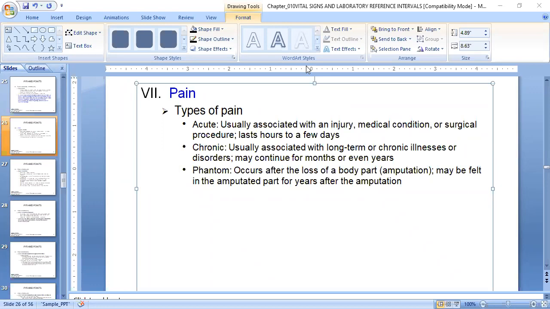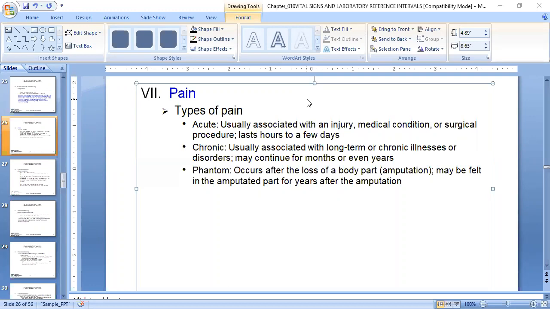And also before and after any nursing intervention that affects the cardiovascular or respiratory system, we examine the patient's vital signs.